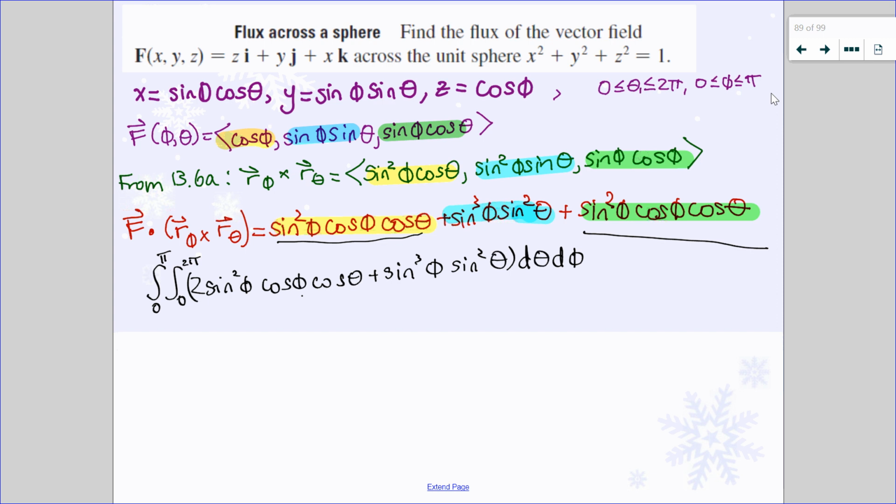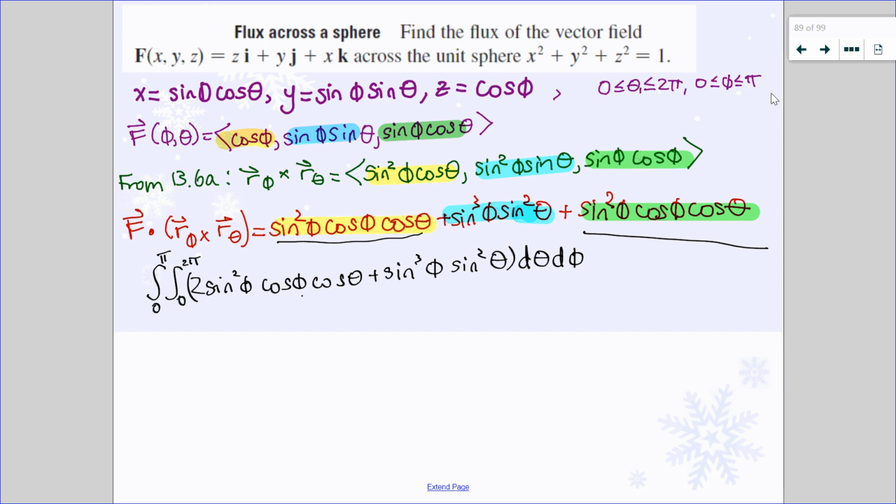Yeah. For surface integrals, do you not have to do the times 4 sine phi thing? So because you multiply by the dot product of the parameterization here, that accounts for it. That takes care of what the Jacobian took care of before.